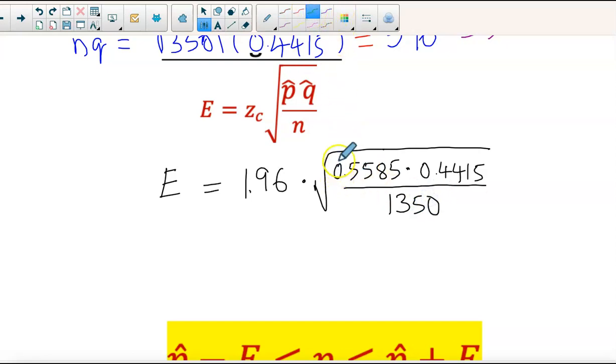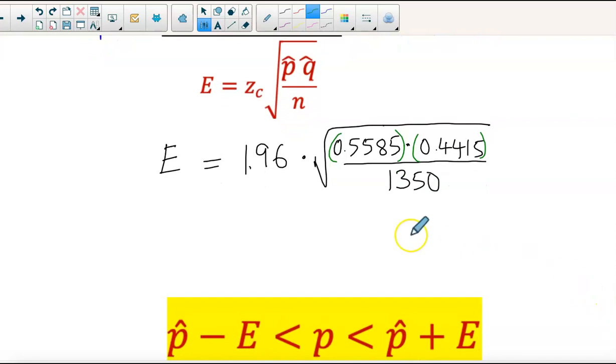Like I always say, feel free to have the numbers in parentheses for clarity.